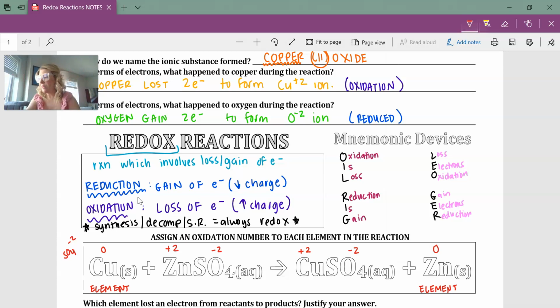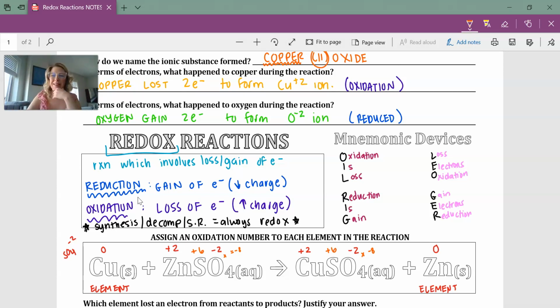Or kind of a shortcut method of the SOS table, 2 times 4 gives us -8. Zinc is +2, so sulfur has to be +6. And again, -2 times 4 gives me -8, okay? And therefore, sulfur is still a +6, okay?